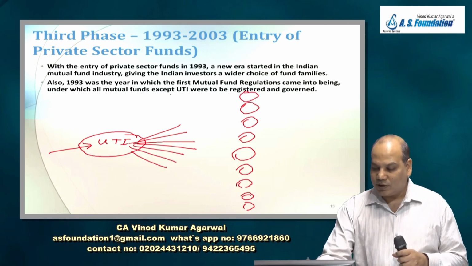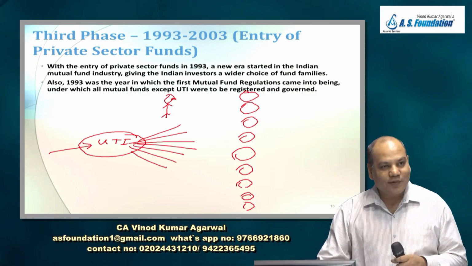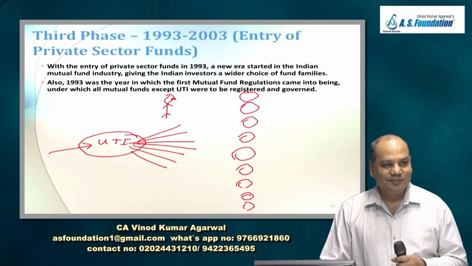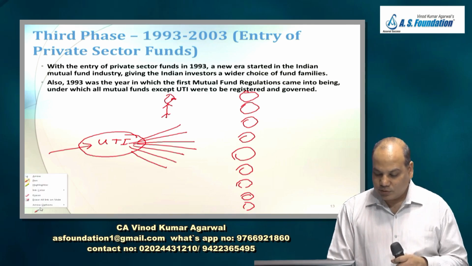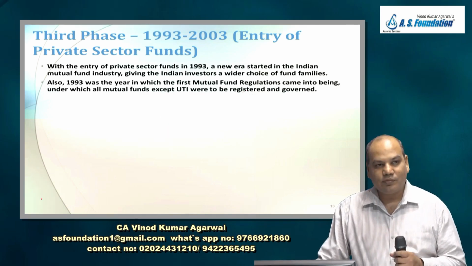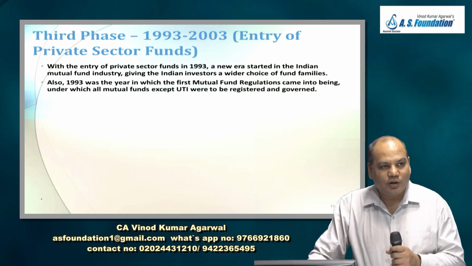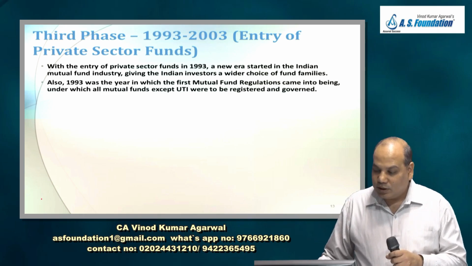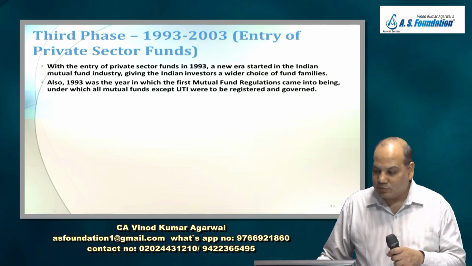Now the investor is asking, where to invest, in which mutual fund to invest. Okay. So the solution which was created in 1964 became a problem in 2003 because there are so many mutual fund houses now in India that he is spoiled for choice. He has plenty of choice now.